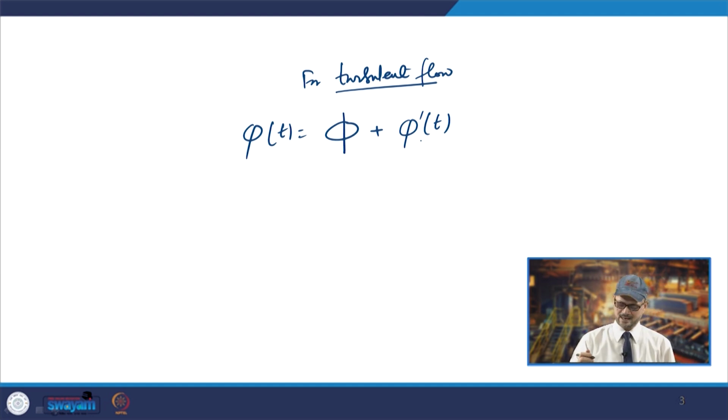Now, as far as this fluctuating part is concerned, if you take the time varying component and take its time mean, it will be 0 for the fluctuating component. There are different ways to express this, and one is the time average or mean.